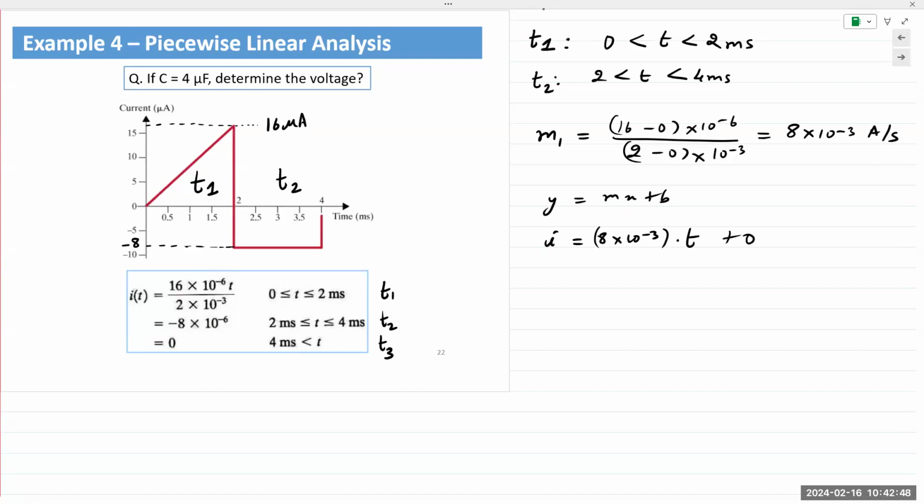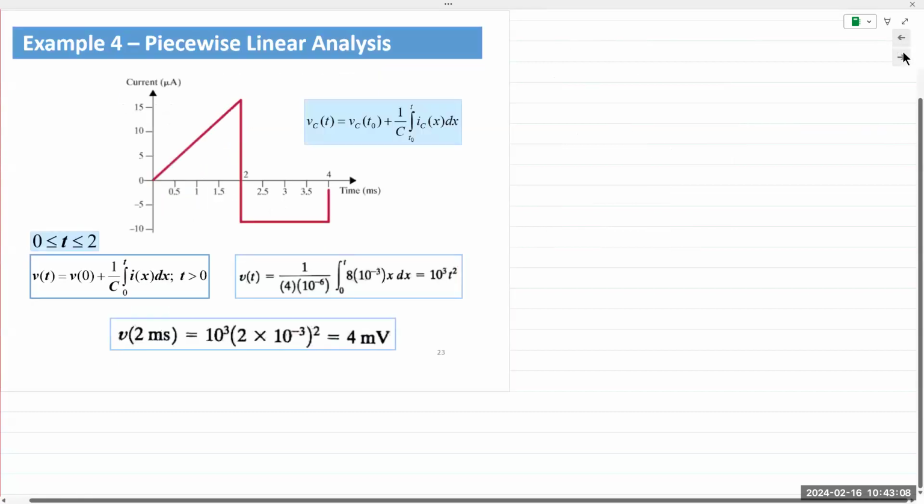The purpose of breaking it up into individual pieces is that each piece is linear with respect to time, hence the term piecewise linear analysis. So linear relationship, 8 into 10 raised to minus 3 t. Then I can begin my calculation.